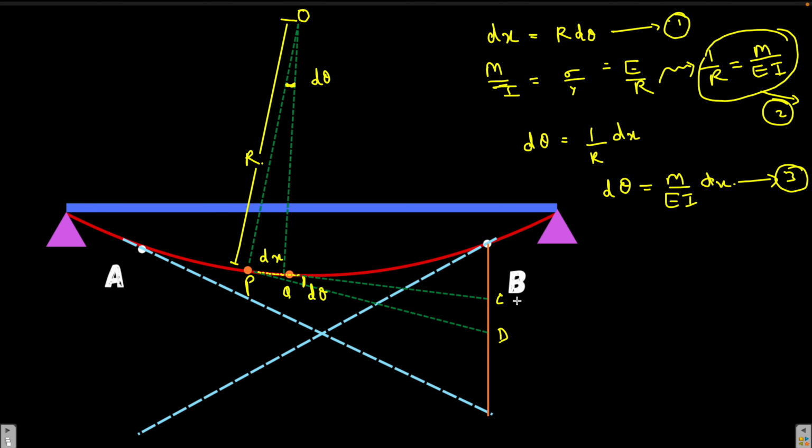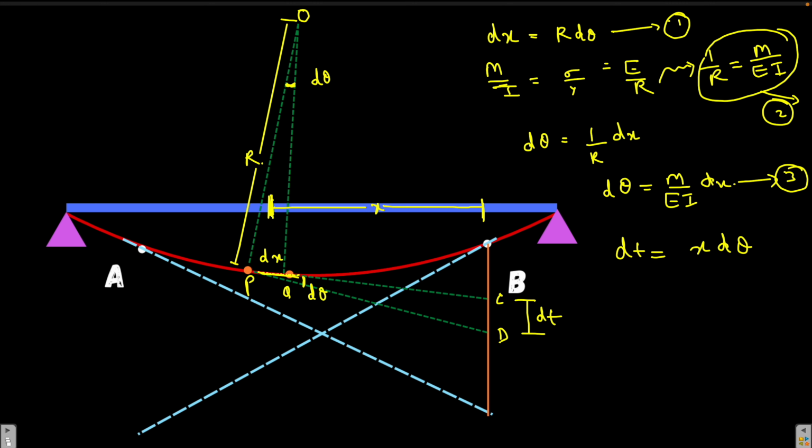Now let the distance between C and D be dt. And let's suppose the distance from the center of P and Q to point B be x. Now can we write dt as x d theta? How come? Because the deflection of the beam is very small.